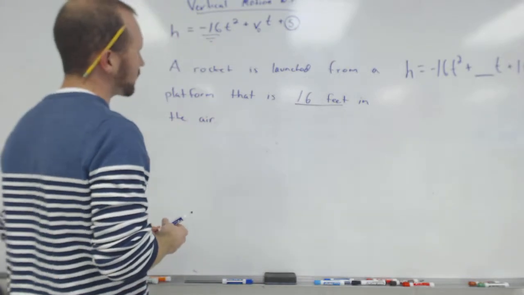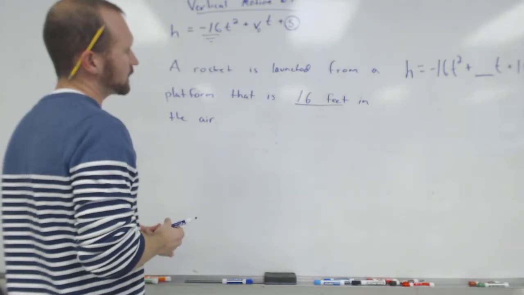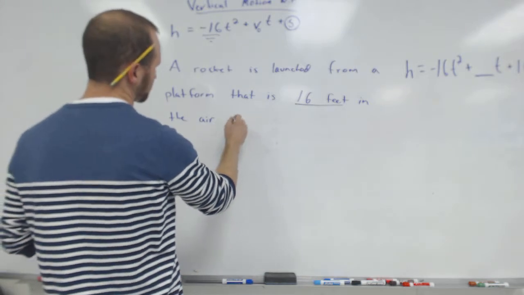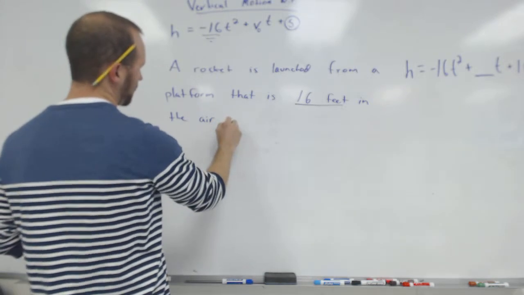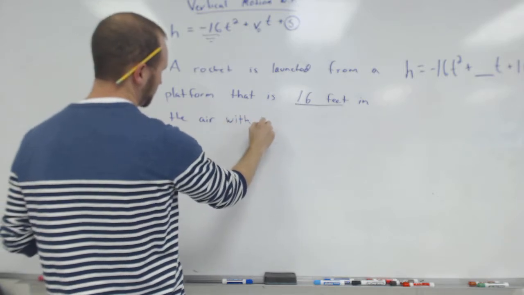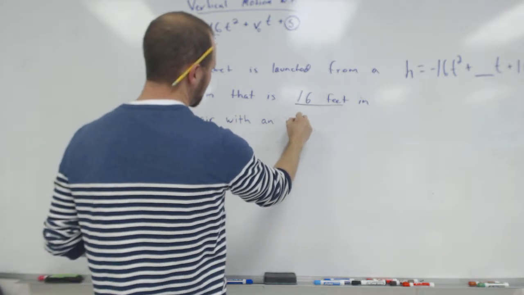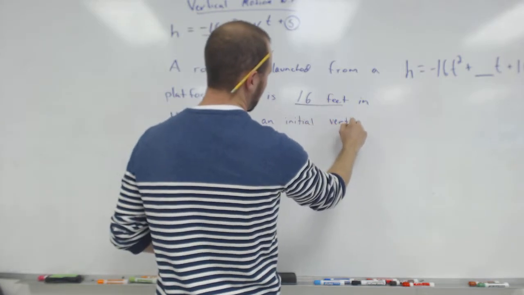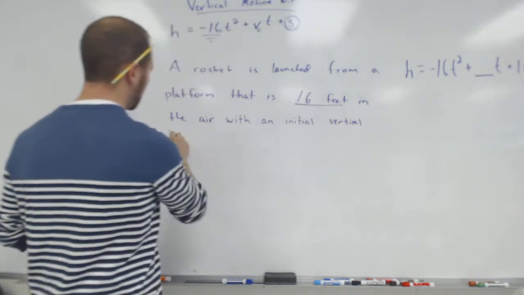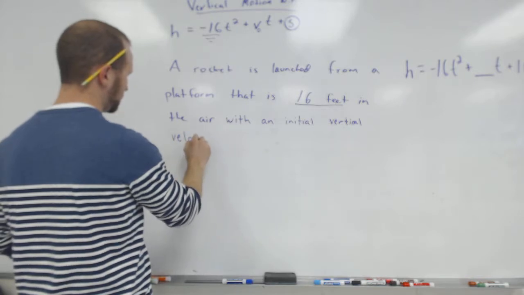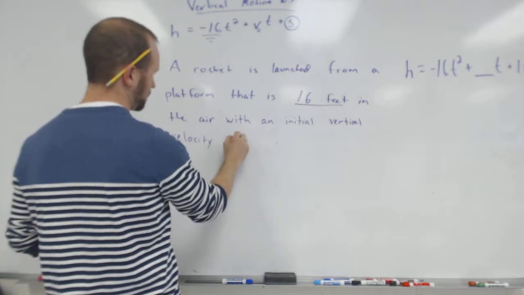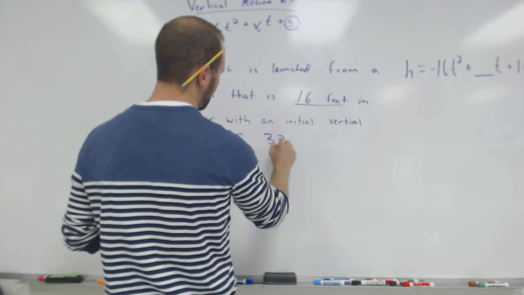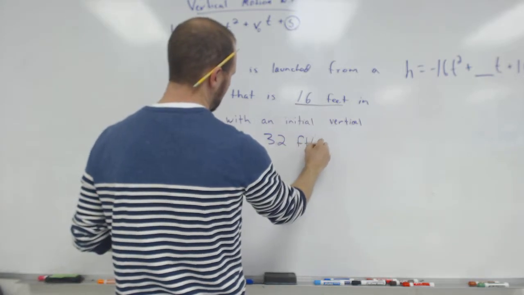A rocket is launched from a platform that is 16 feet in the air, with an initial vertical velocity of 32 feet per second.